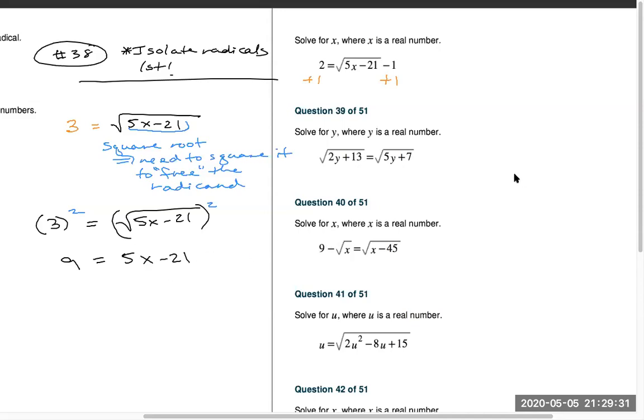Going to add 21 to both sides. We get 30 equals 5x. And then we divide by 5, both sides. So then we have x coming out as 6.